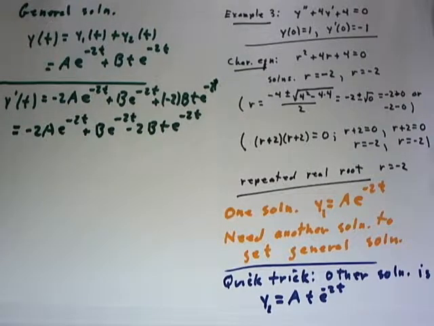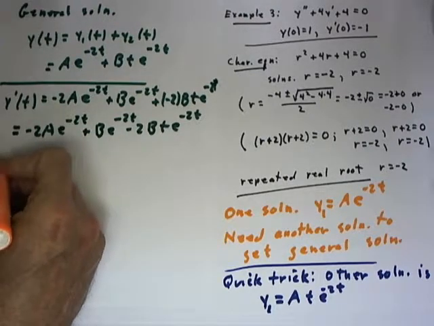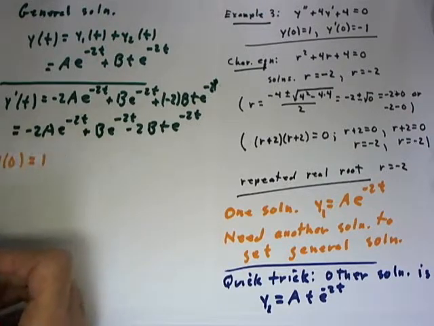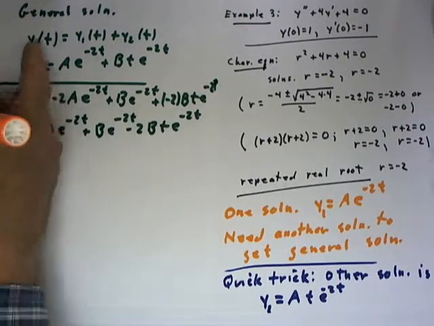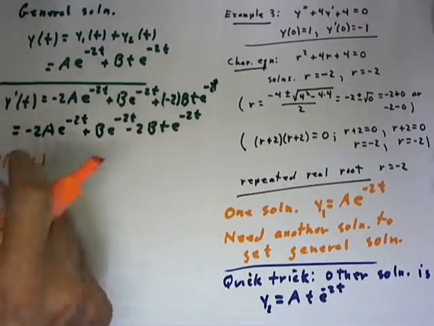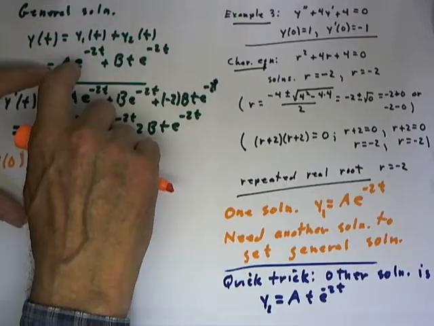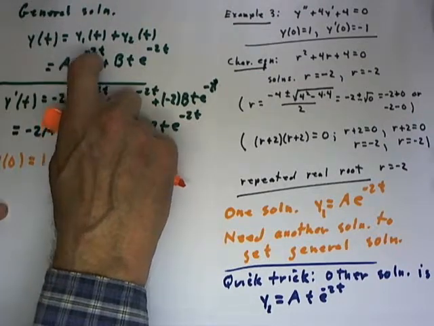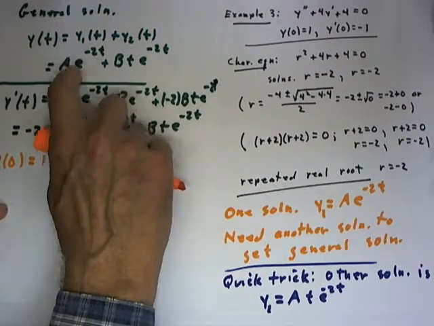Our purpose here, though, is to apply the initial conditions. So the first initial condition is y of 0 equals 1. Y of t is this, and e to the negative 2t is going to be e to the 0, which is going to be 1. So we're going to get a.